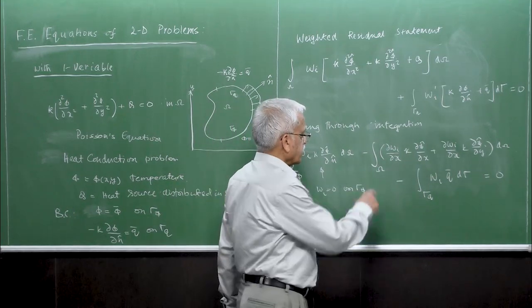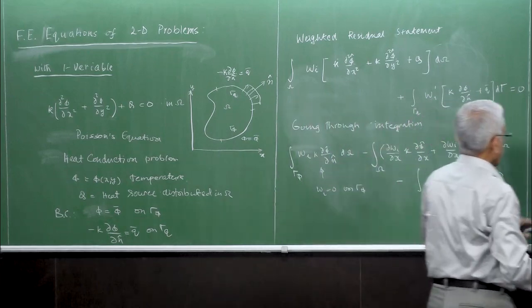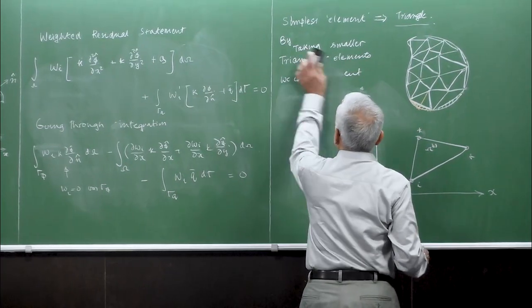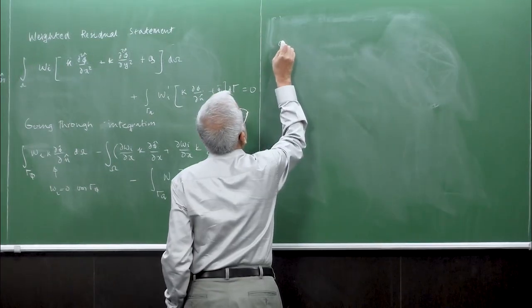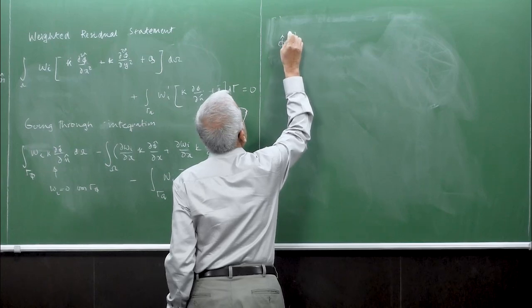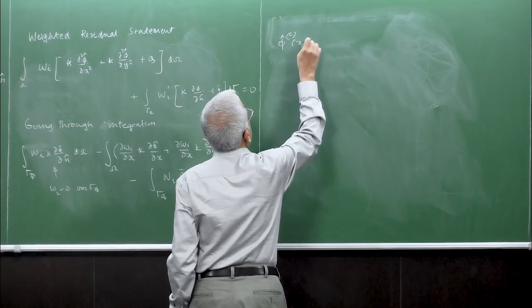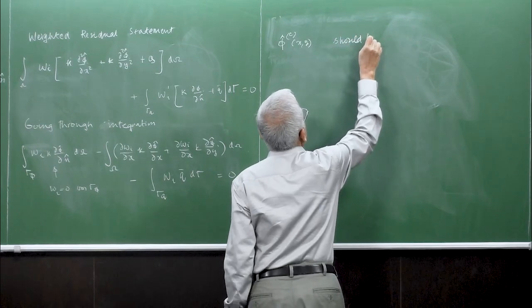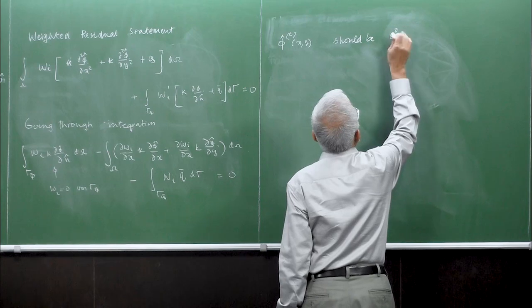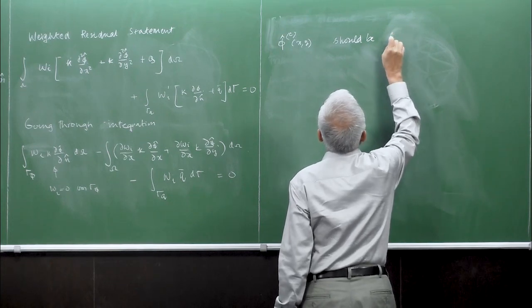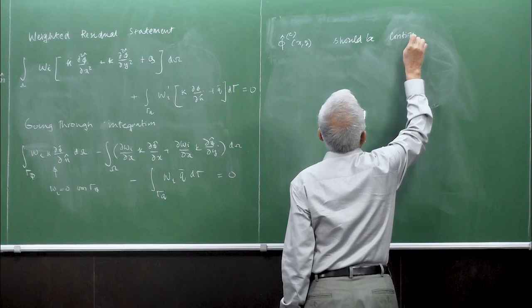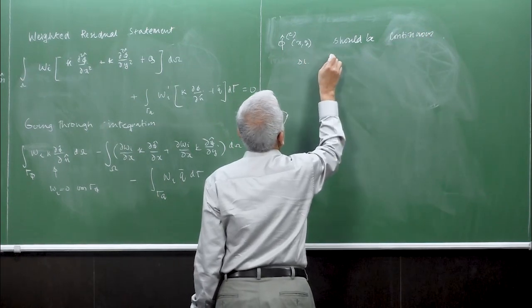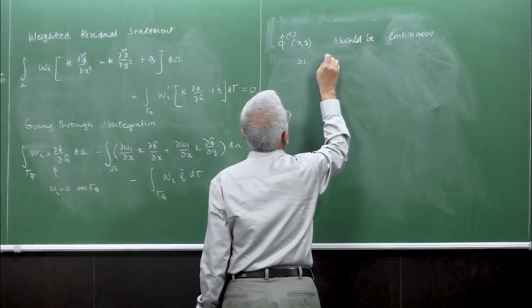So that means that when you assume it as piecewise defined functions, phi hat should be continuous such that the derivatives exist.